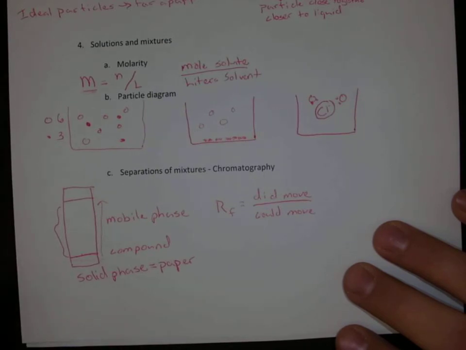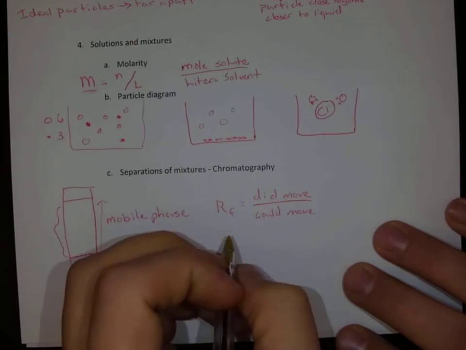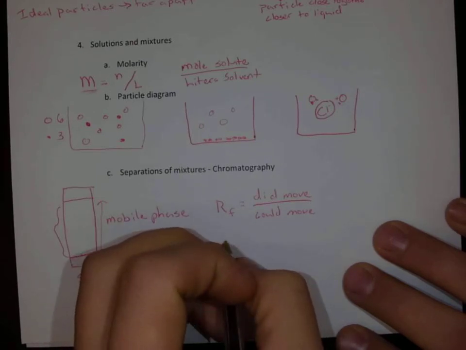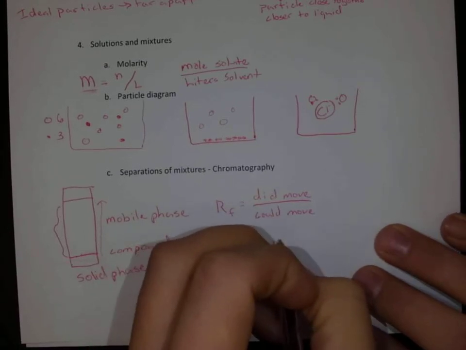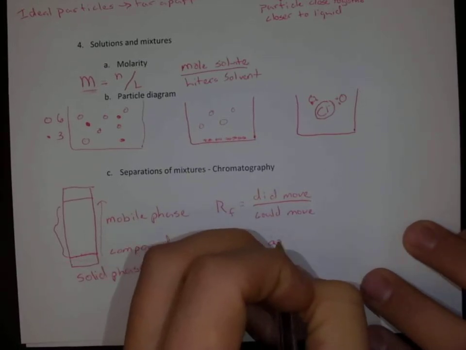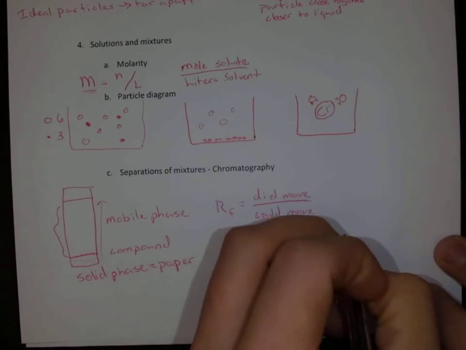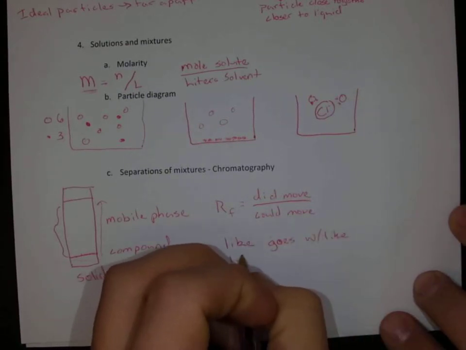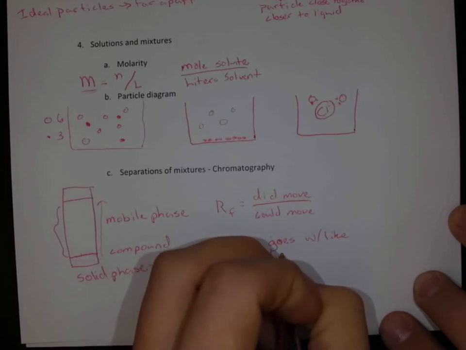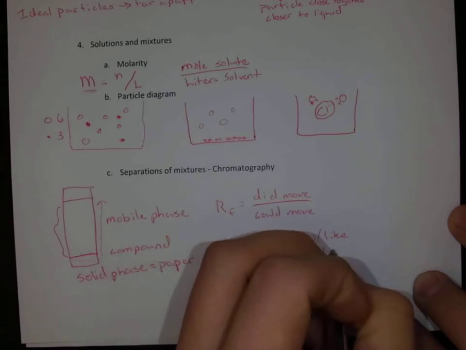With each of these, what we need to remember is that intermolecular forces are going to stick together when like interacts with like. Like goes with like, or like dissolves like.